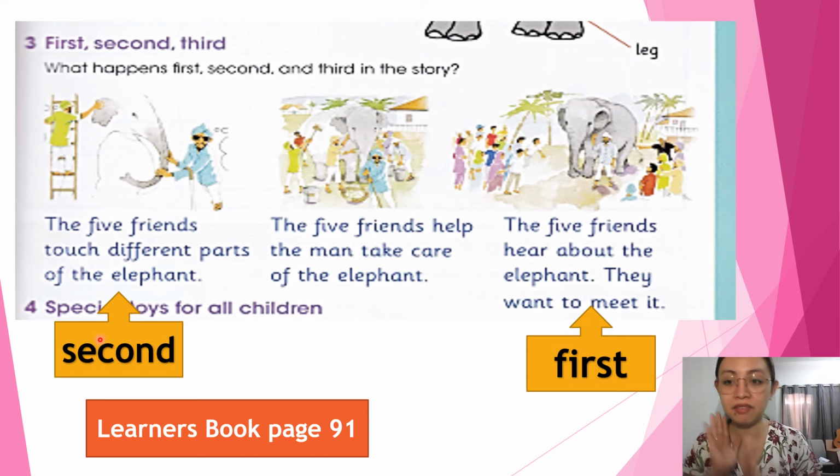That is why the 5 friends touch different parts of the body of the elephant. And since they are blind, they cannot see it, they think of another thing.